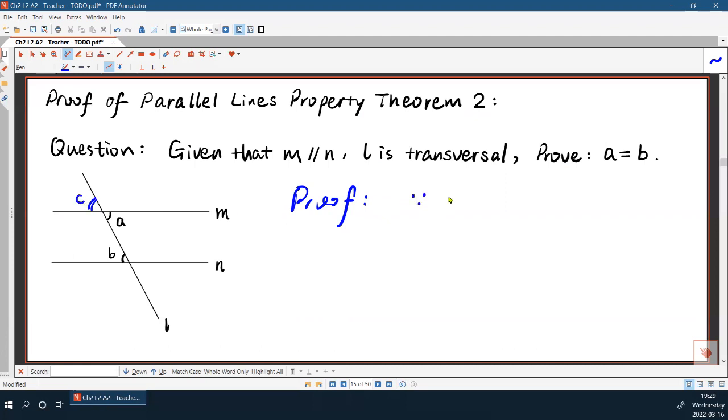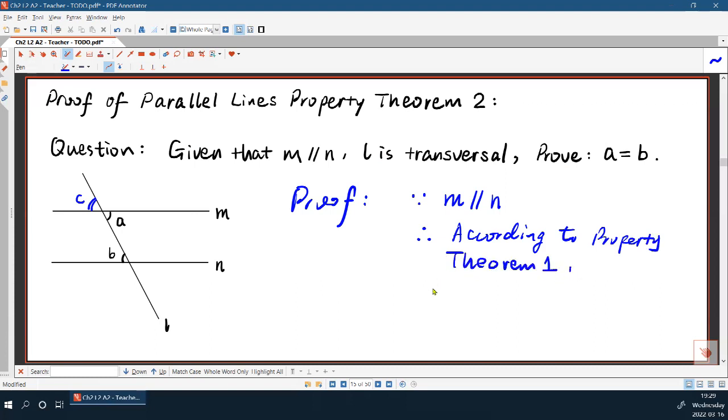We can say because line M is parallel to line N, therefore, according to property theorem 1, we have, okay, apparently C and B are corresponding angles, right?